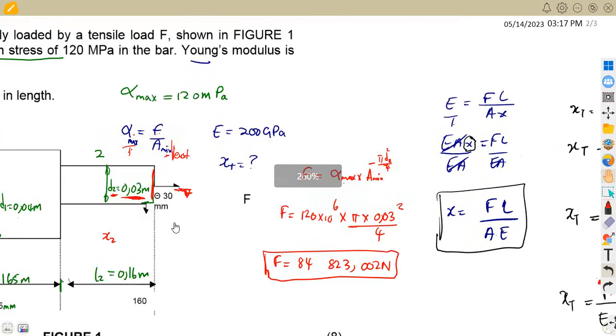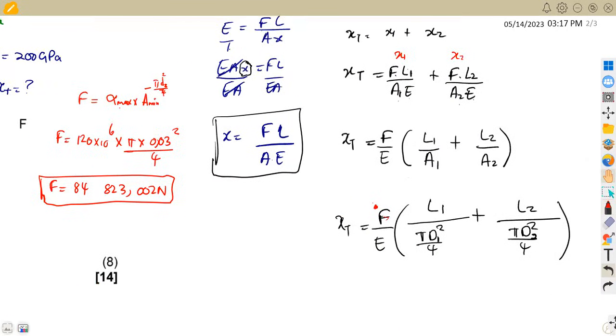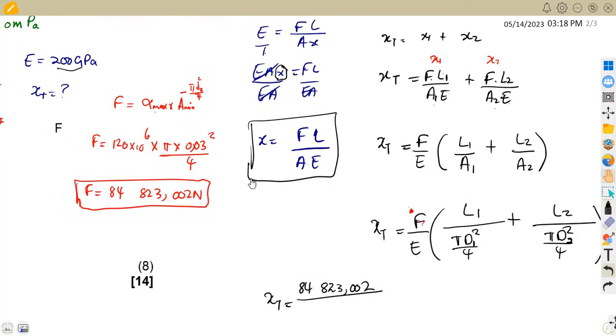Remember the formula that we ended up with here, that we can calculate xt from this formula, that our xt, which is the total extension, is going to be force over the Young's modulus, the force of 84,823.002 over our Young's modulus, which is 200 gigapascal, that's our E here.